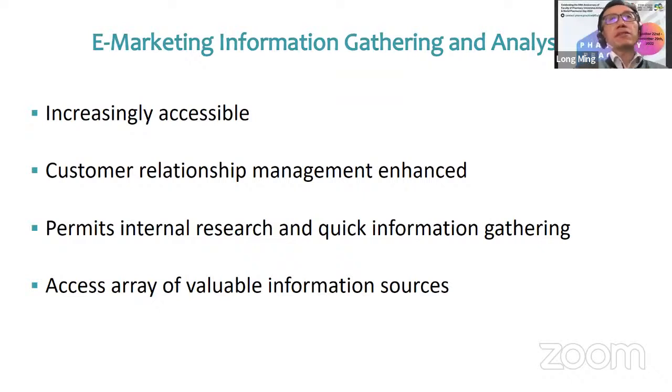So e-marketing information gathering and analysis is done by collecting data through online surveys, because everyone has a mobile phone with them and internet access is available. It can help enhance customer relationship management.